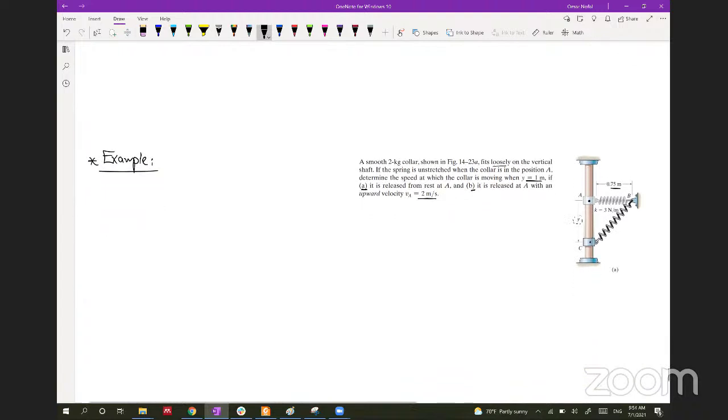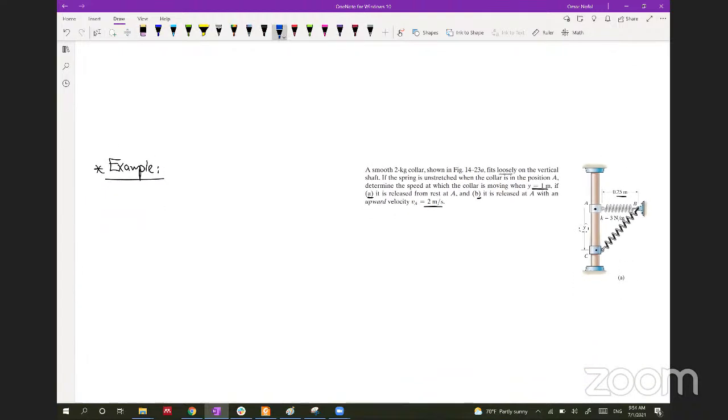If you were going to solve this problem using Newtonian kinetics, which we are not going to do here, but I'm just showing you an example, you would draw a free body diagram for the collar and put in all the forces. You will have F spring like this, and the weight going down like this.